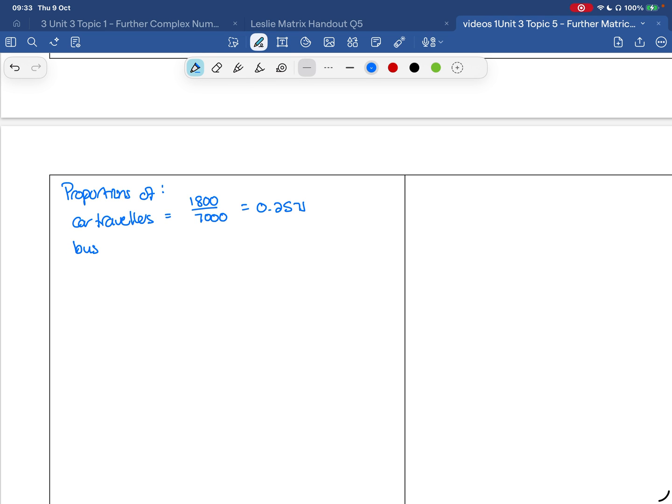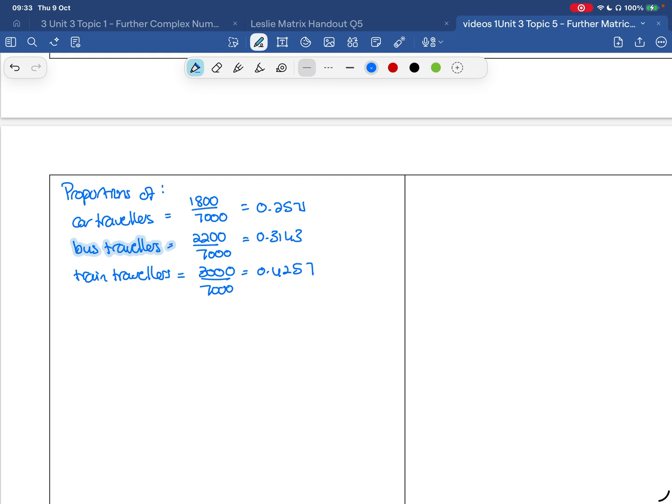My bus travelers, I had 2,200 out of my 7,000 people. And that's 0.3143. And my train travelers were going to be 3,000 out of my 7,000, and that's 0.4257.